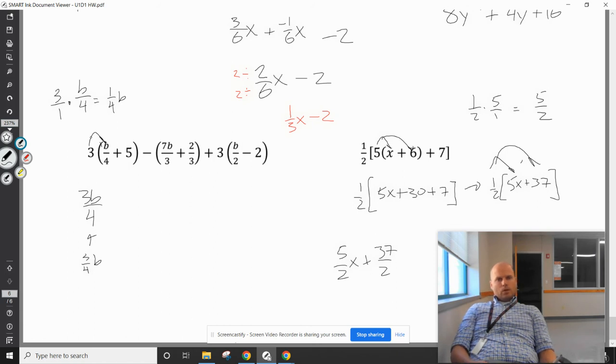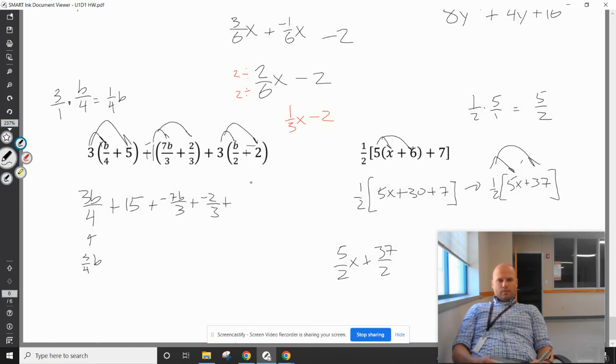Okay. 3 times 5. 5 apples, 3 times. 3 groups of 5 apples, 15 apples. Sorry, oranges. All right, well, let's just say I owe this amount and I owe that separately. That's like distributing this -1. I have 3 groups of this. Well, let's treat them separately.